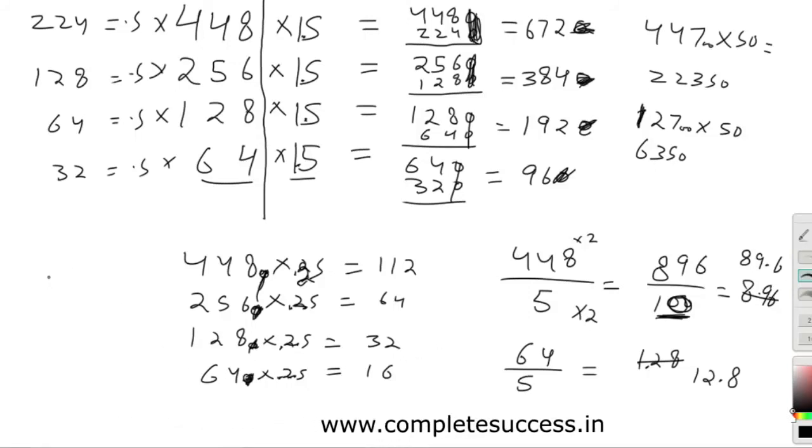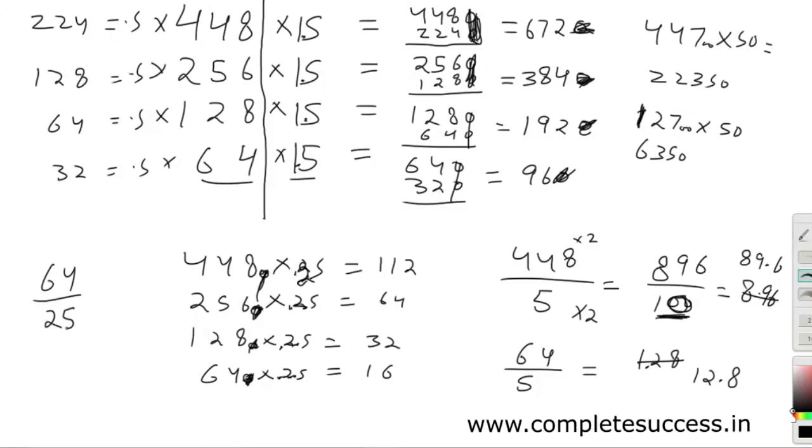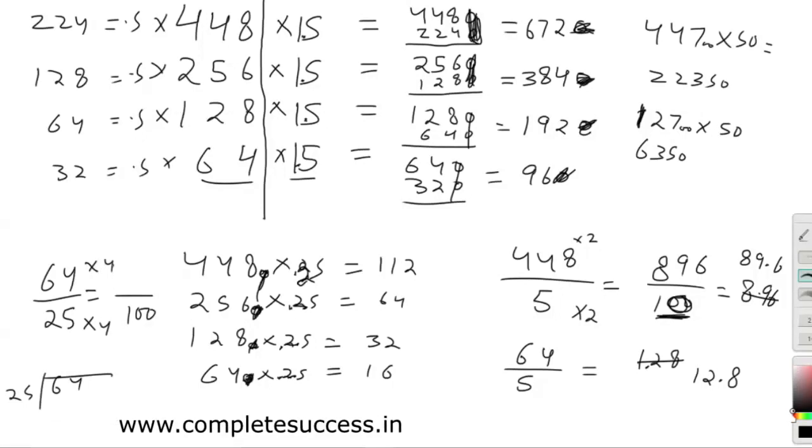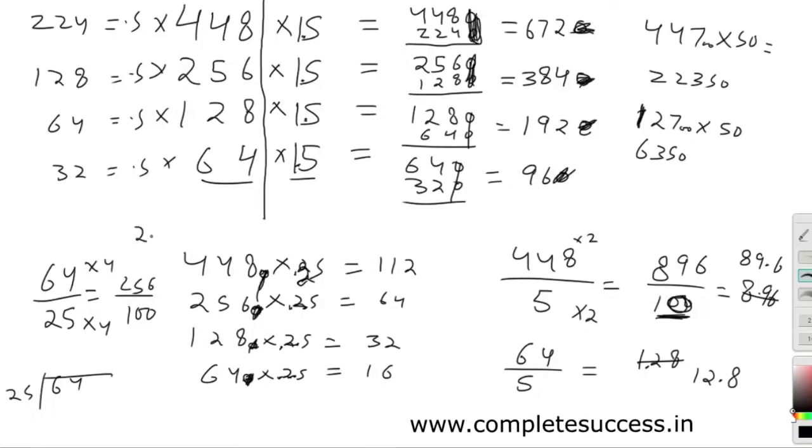In the same way, if we divide 64 with 25, instead of dividing 64 with 25 specifically like this and then solving this whole equation, it is better that we should multiply it with 4 so that we can have a base of 100. So what is 64 into 4? Now your answer becomes 2 point. Is it clear?